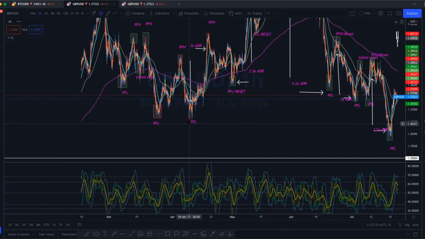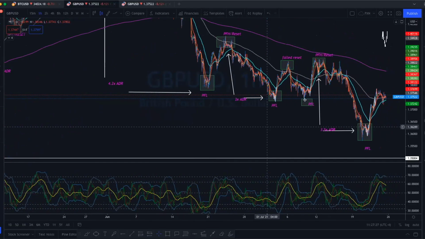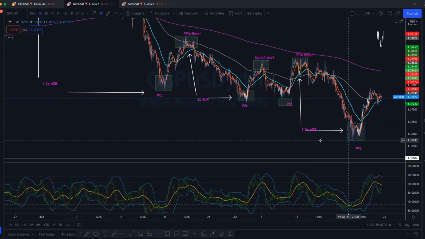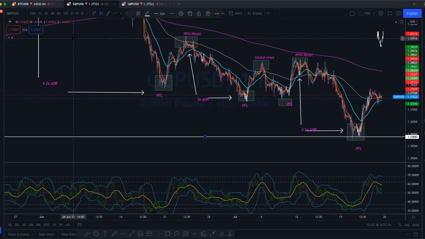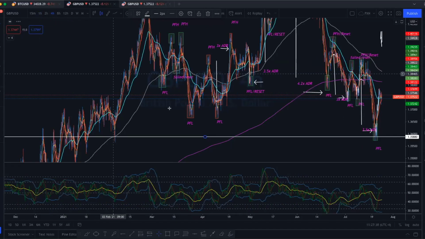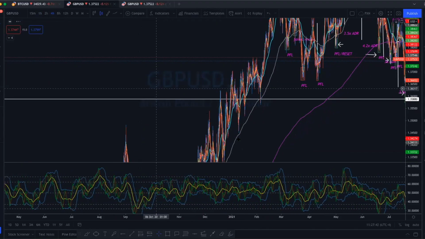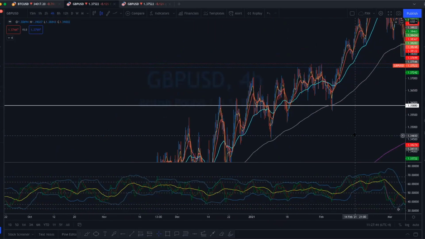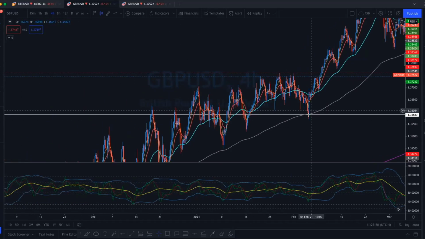If you can map out the 3 times ADR, let's say from this reset down, and if we move this line up just to see where it's at here, and let's just go up to a 4-hour time frame, you can see that that line goes straight through a bunch of structure that previously happened early in the year.